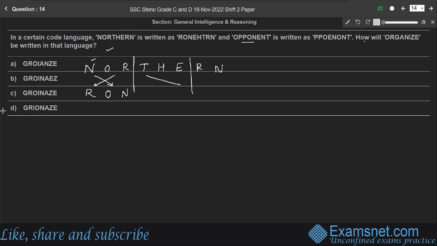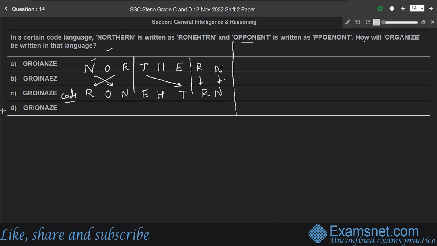Similarly, in the second set, the fourth, fifth and sixth letters, T should be written in the third place, H in the middle and E at first. And the last 2 letters will be as they are. Therefore, the code is RONEHTRN.